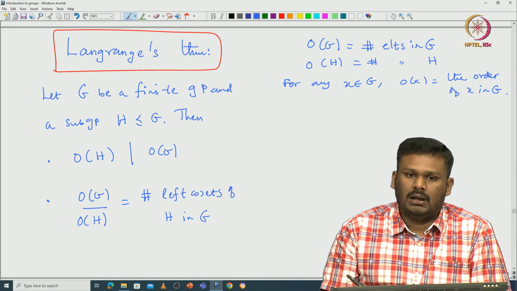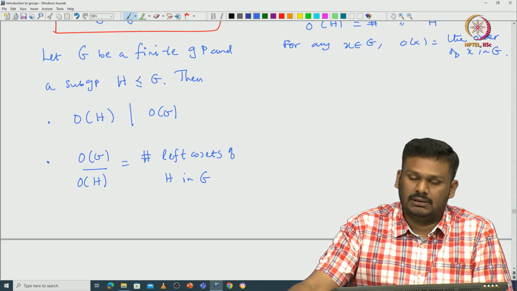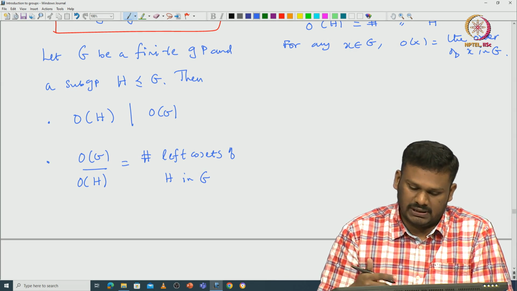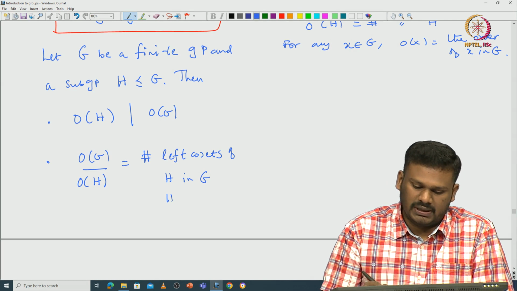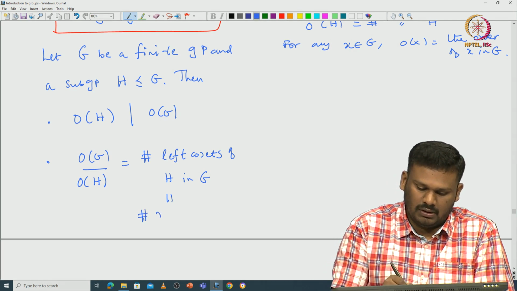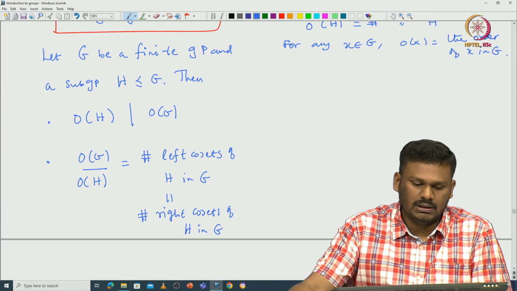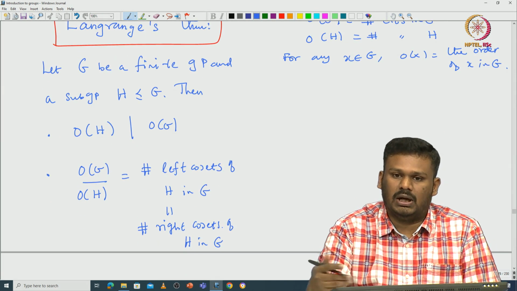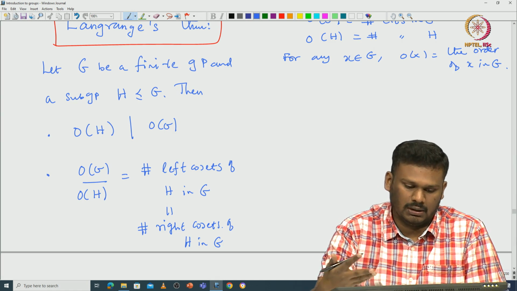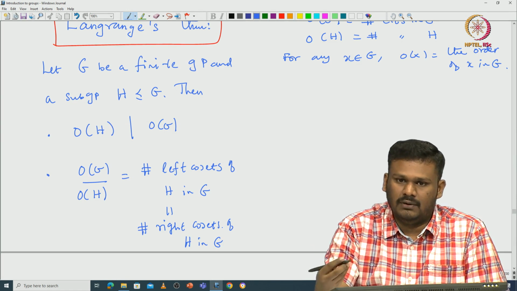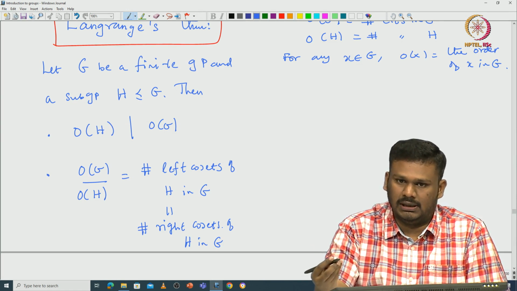And if you think about it, we have a natural bijection between the left cosets and the right cosets. So, in particular, this also counts the number of right cosets of H in G. This puts lots of restriction on the order of H. Once you know that a given group is a finite group, for example, it has some very particular order, let us say 8.